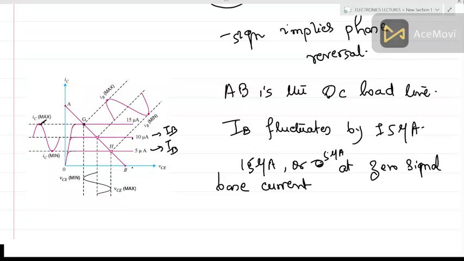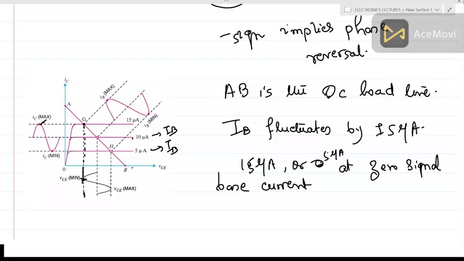Now, when the input signal is maximum during the positive peak, the base current goes to 15 microampere and this is the point G. Now, this point G is reproduced by this dotted line along this line, and this is the negative direction in the output. This one was the positive and this is the negative part.